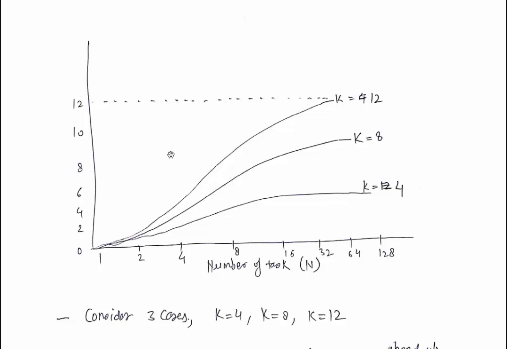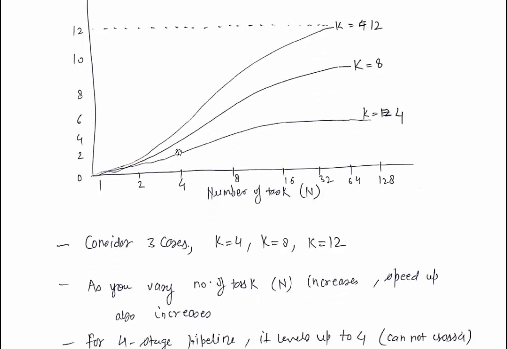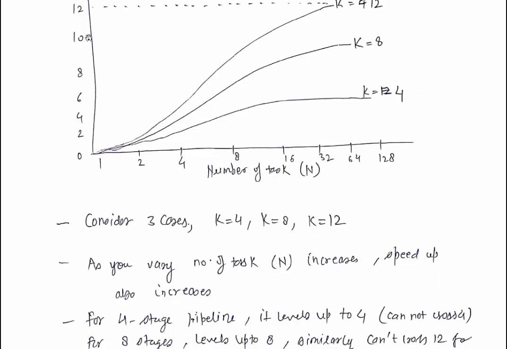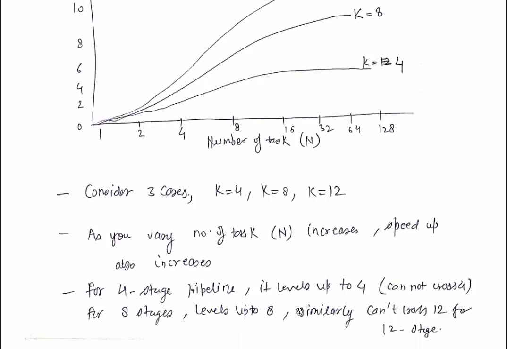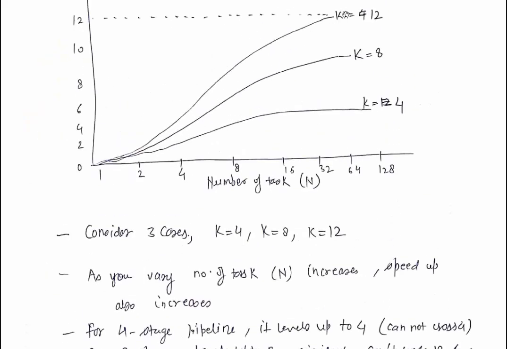What I mean to tell you is that you cannot get the speed up beyond this. As you vary the number of tasks n, speed up also increases in a linear fashion. For a 4 stage pipeline it levels up to 4, it cannot go beyond 4. For an 8 stage pipeline it levels up to 8, and similarly for a 12 stage pipeline it cannot go beyond 12.